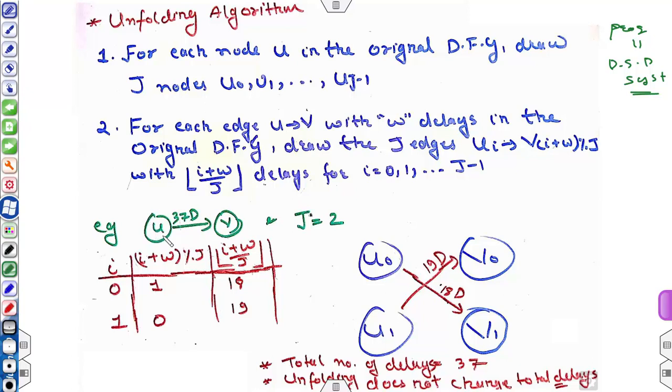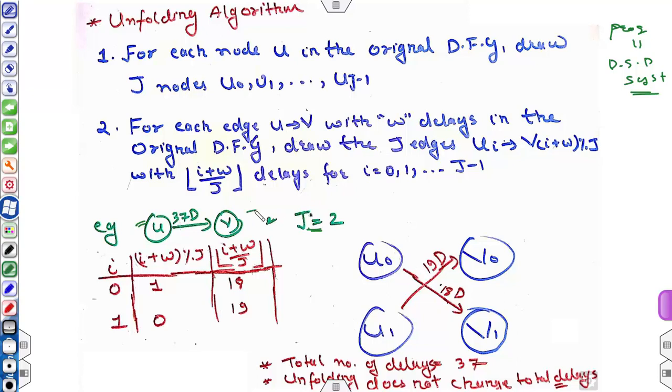It has two nodes, u and v, and the number of delay elements in between is 37, and suppose we want to unfold it by a factor 2. For each node, this circuit has two nodes u and v, so you have to draw j nodes u0, u1 up to uj minus 1. So we draw two nodes, u0 u1 for this node and v0 v1 for this node.